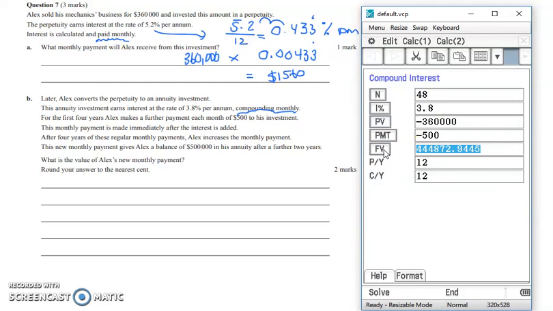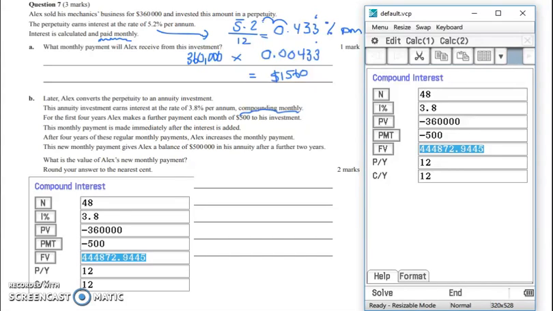We can calculate that after 4 years, there is $444,872.9445 in his investment. So just for memory, I've placed down there on the compound interest underneath our answer from the first part of this question. So what we then need to do is start the second part of the question.